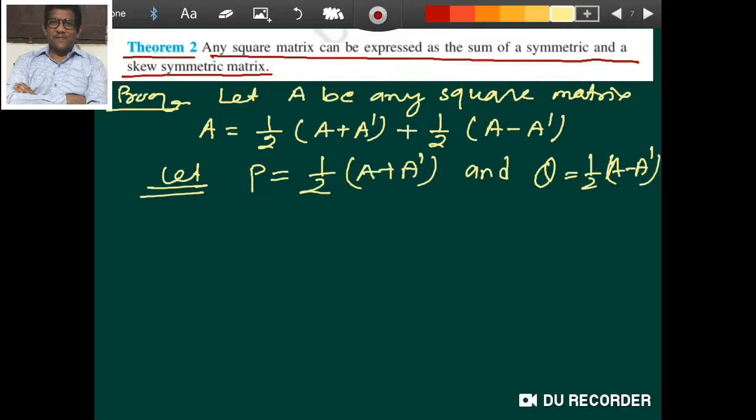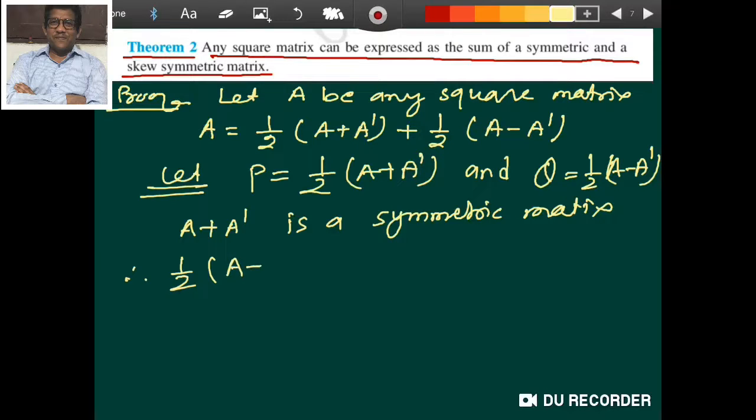Now we know that in the previous theorem A plus A dash is a symmetric matrix, and so half of A plus A dash is also a symmetric matrix.